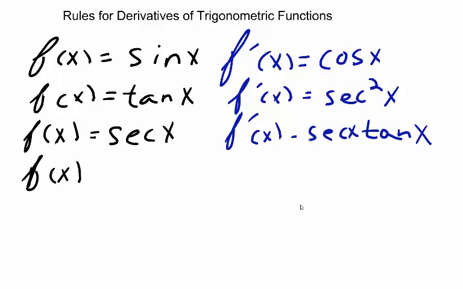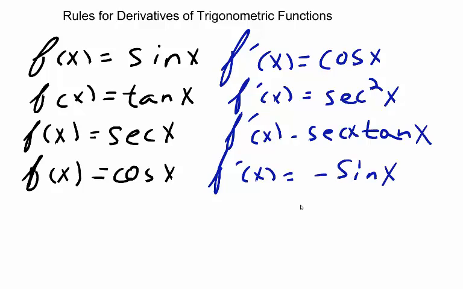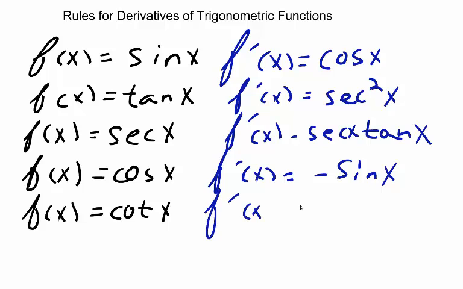If f of x is equal to cosine of x, then f prime of x is equal to negative sine of x. When f of x is equal to cotangent of x, f prime of x is equal to negative cosecant squared of x.